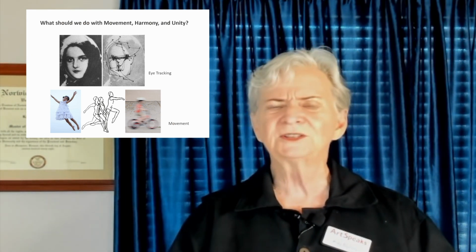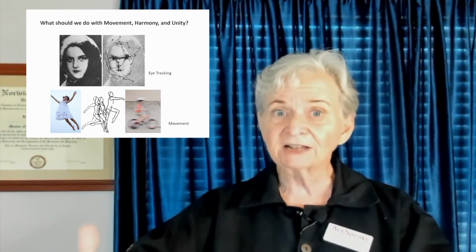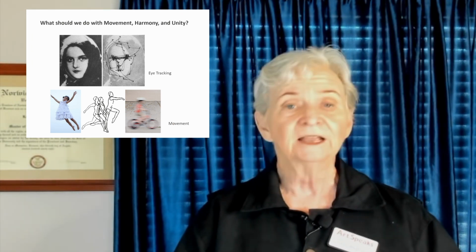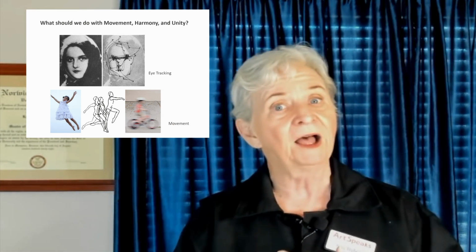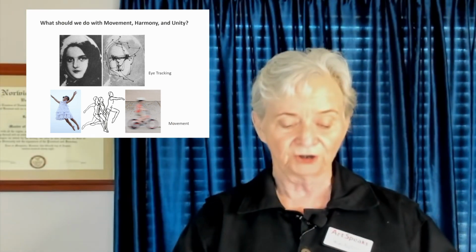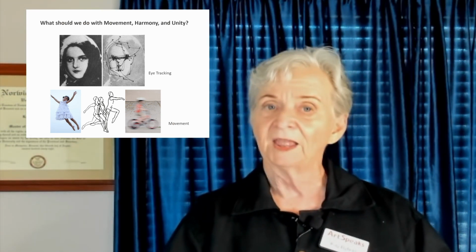Oftentimes people confuse the term movement, which should mean catching the action of something on a still surface, a painting, and we imply that either by stop action, by blurring, something is moving and therefore it's blurred, or by repetition to show that something is moving.